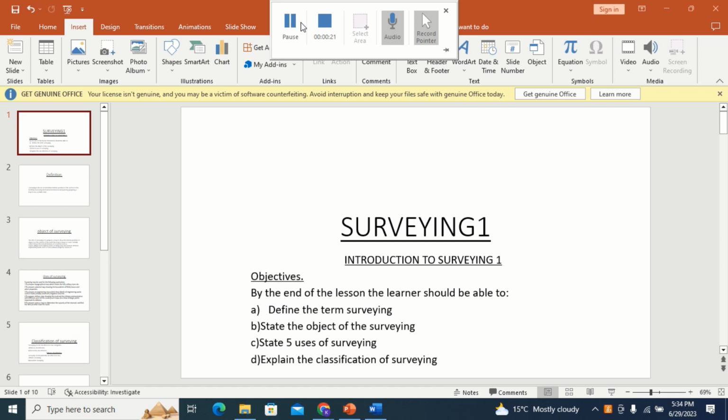Before we begin the introduction, I know the majority of you have interacted with the term surveying, as in our early childhood we were able to do some sort of house construction using a maize cob, and we were able to do some fencing using those maize cobs.